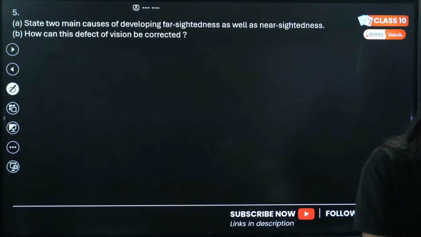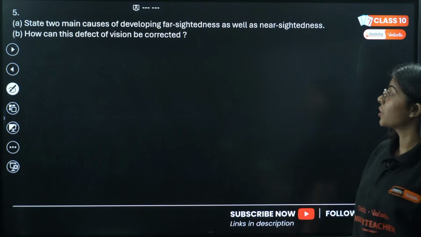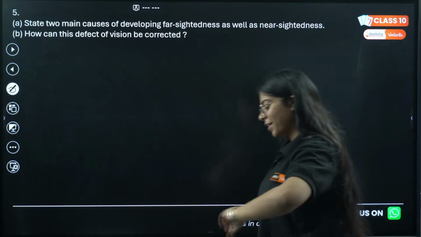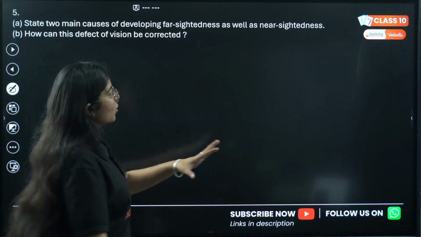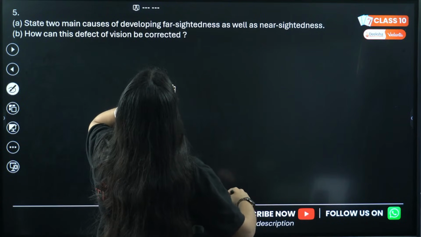First is myopia. Read the question again. Okay, maybe the question is tricky. Let me just change the question to say two main causes of developing.